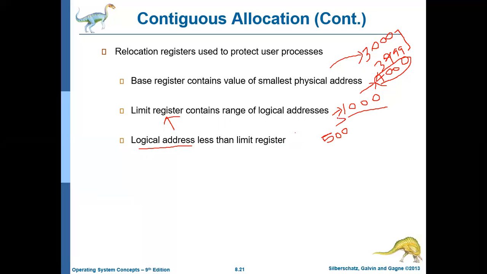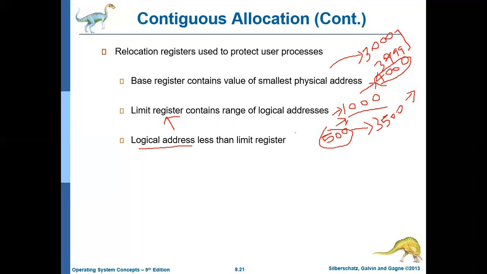Yes, 500 is less than the content stored in the limit register, so it will be allowed to access. But before allowing access, this 500 will be added with the content of the base register. What is the base register? 3000. So the resultant address will be the physical address, which is 3500. Now the CPU will be allowed to access location 3500.